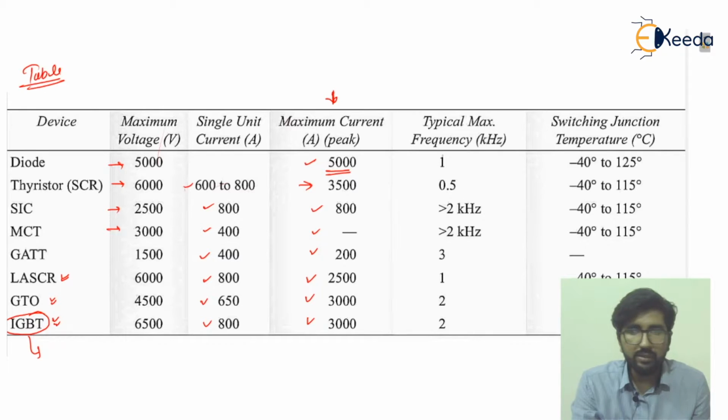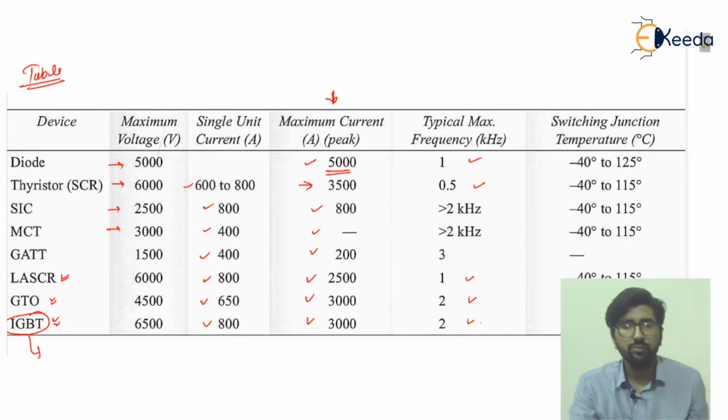If we talk about the maximum frequency for these devices, it is 1 kilohertz for the diode, 0.5 for the thyristors, 1 for LASCR, 2 for GTO, and 2 for the IGBT. So GTO and IGBT are more preferable if we talk about the maximum frequency.